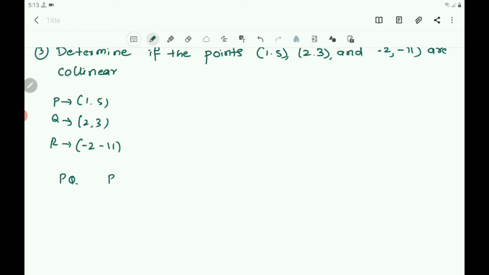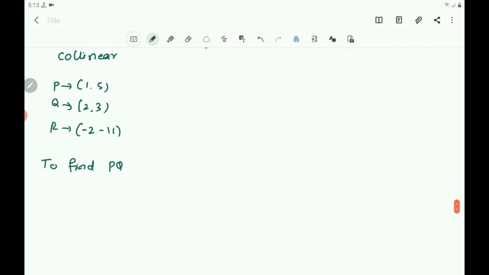To find PQ, you take the points P and Q. P is a point with coordinates (1, 5), and Q is a point with coordinates (2, 3). So these are x1, y1, and these are x2, y2.